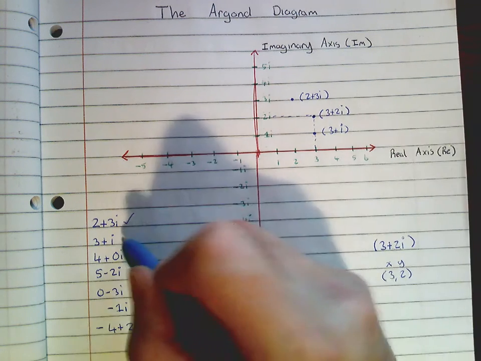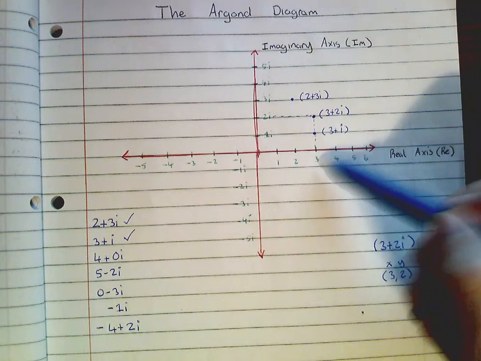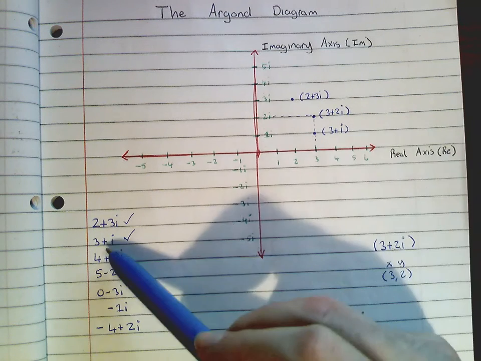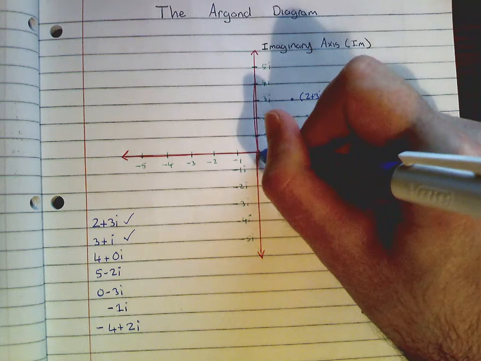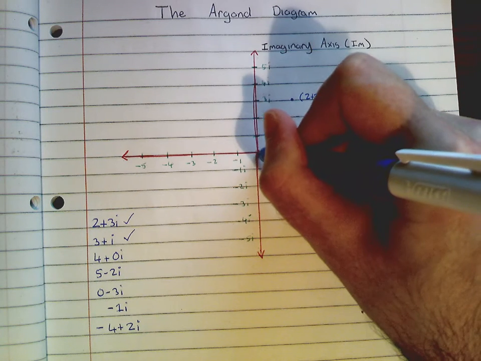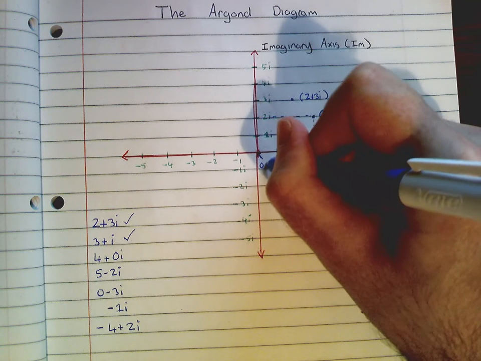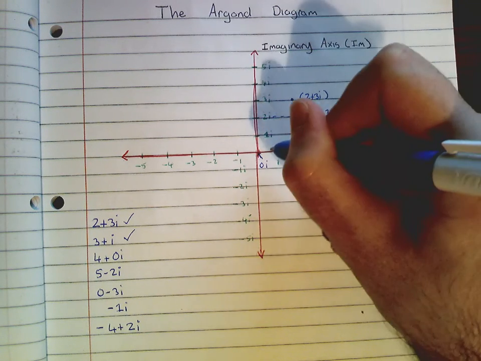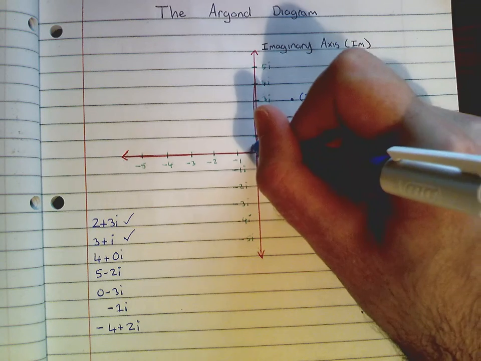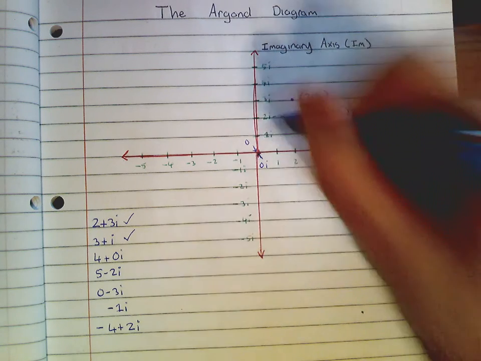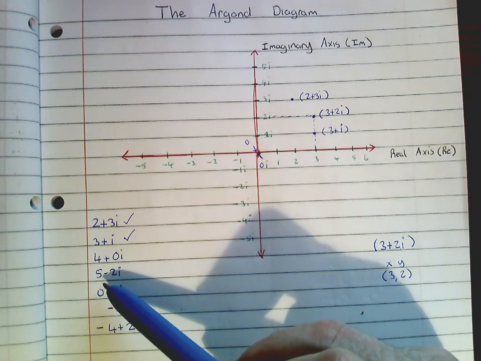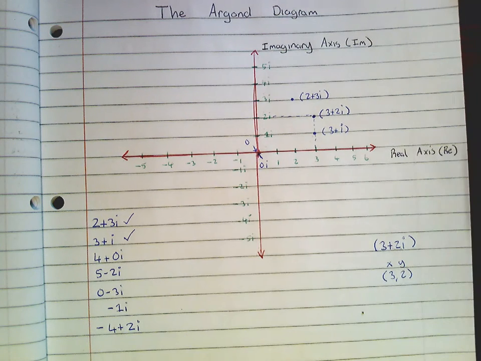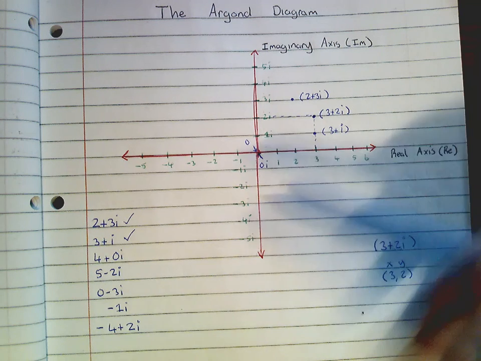So where's the point 4 plus 0i? The origin is going to be 0, 0i, and also 0 in relation to the real numbers. So where is this point?